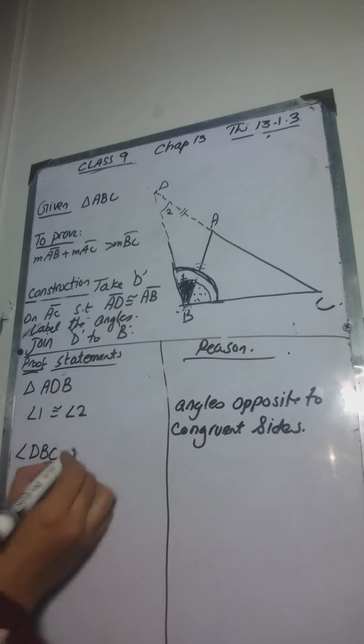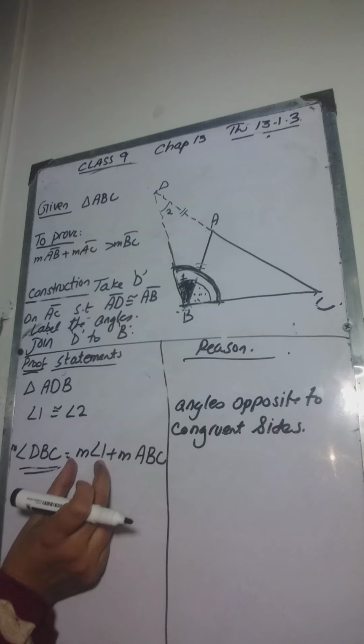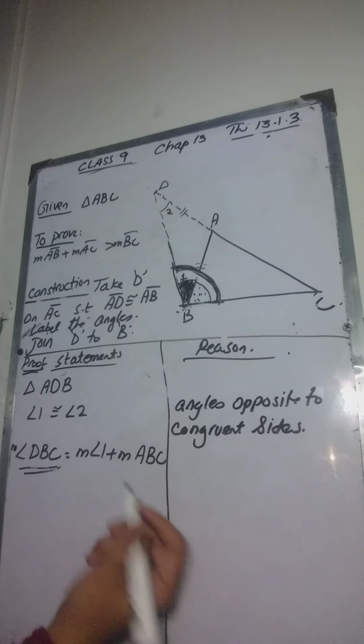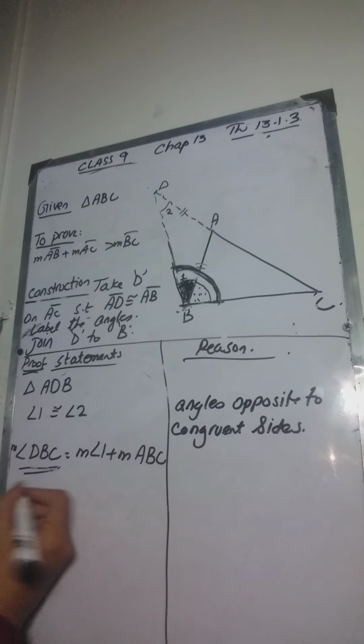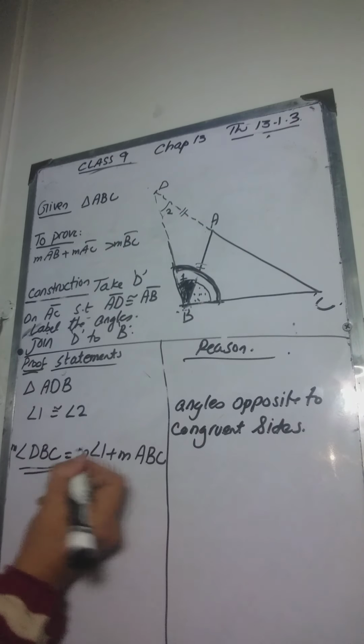Okay, as DBC is the sum of angle 1 plus some extra angle, it means this angle will definitely be greater than angle 1. Okay, angle DBC, this is by the angle addition postulate.